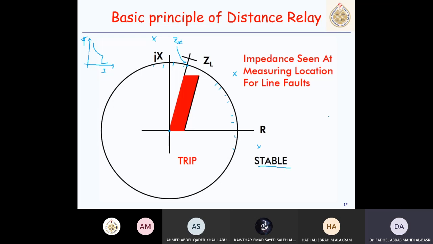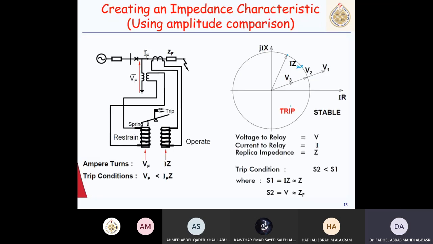So the trip action I want is: if Z measured by the relay, which is ZF, is less than Z setting, the relay operates.